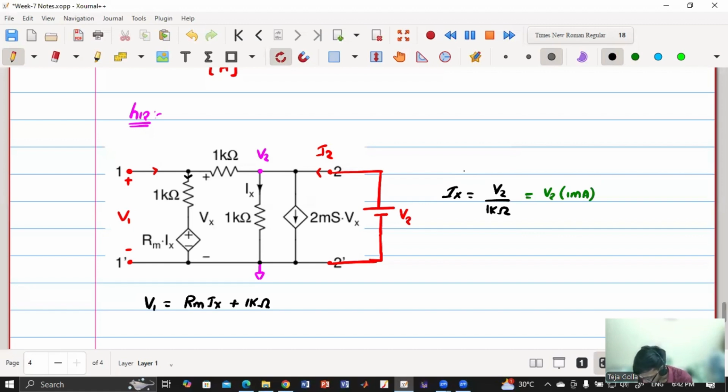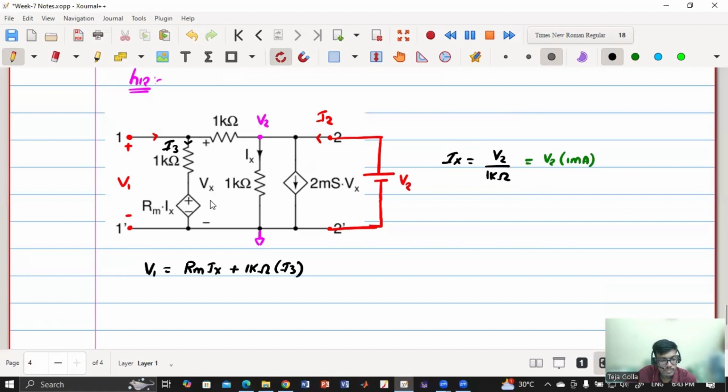Say this current is some I; I have to use a different one, so let this be I3. So 1 kilo ohm into I3. Let me write the voltage V1 here.